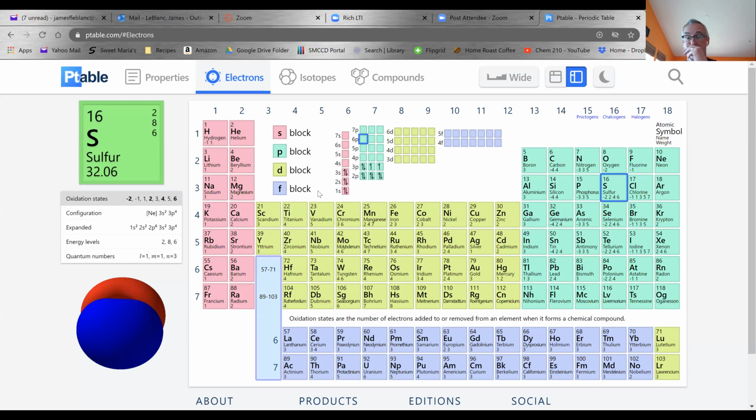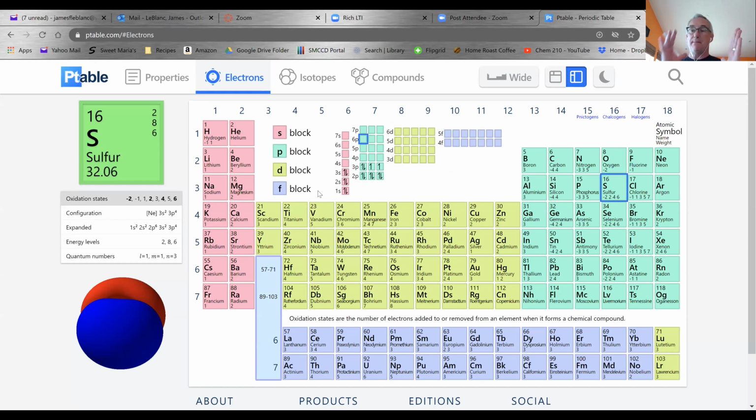So the periodic table, group 1 and group 2 metals, the ones way off to the left, are always +1 and +2. Always, always, always. They're never anything else. Sodium is never anything but +1, ever. And same with magnesium and calcium and strontium. They're always +2. They're never anything else when they form ions.